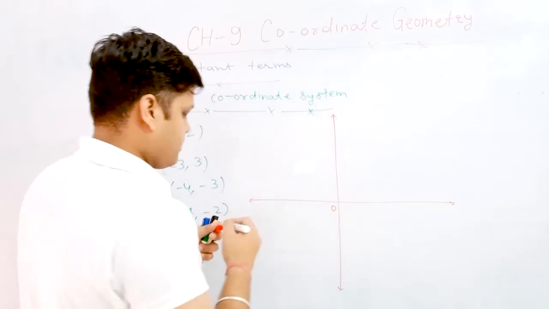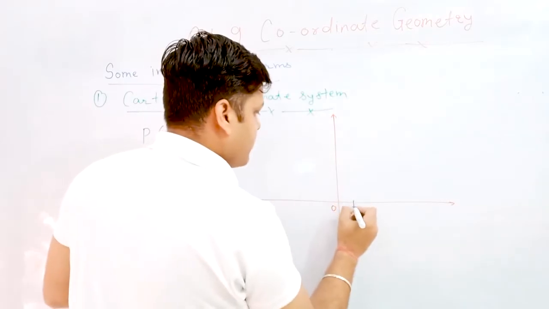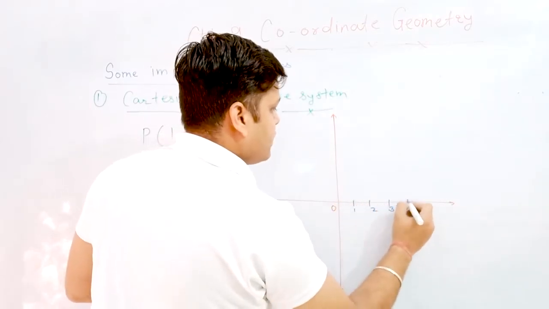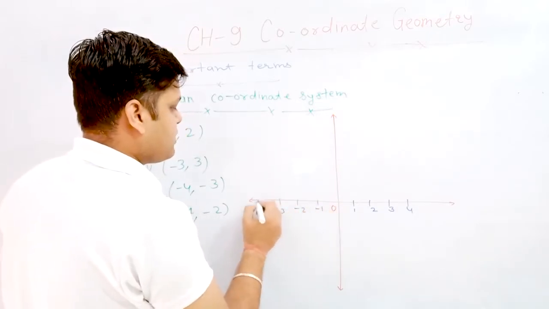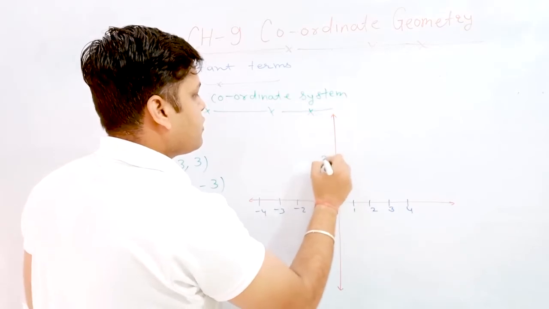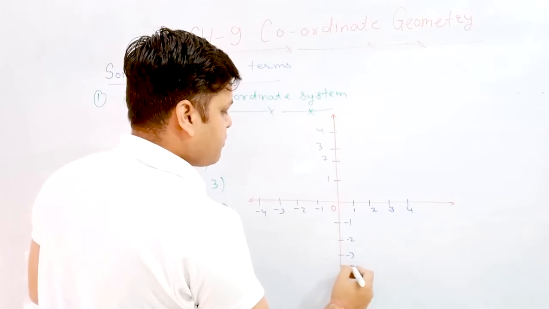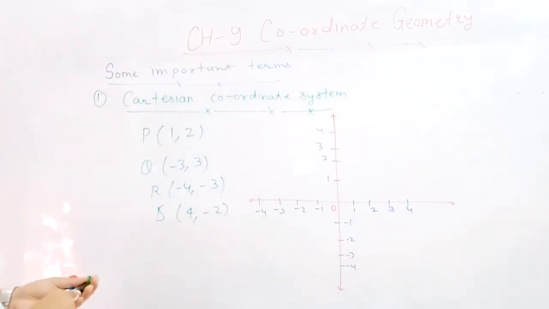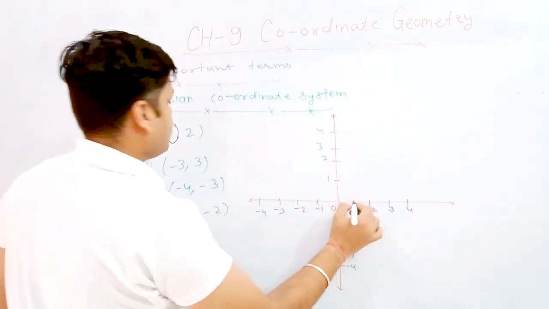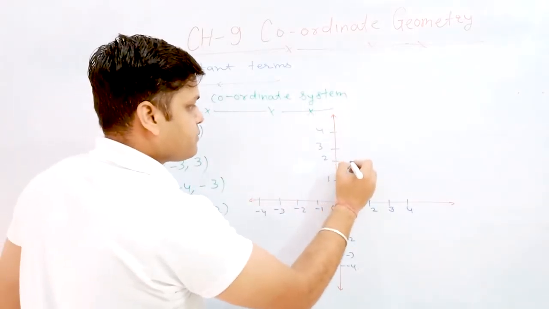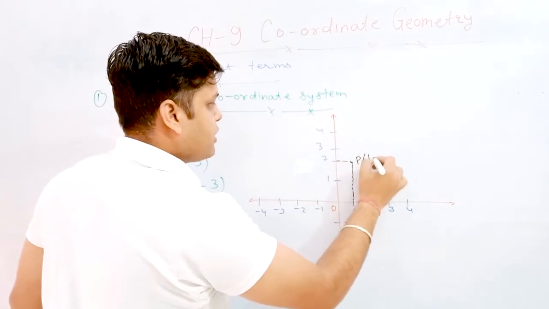This is our origin, and we mark 1, 2, 3, 4, minus 1, minus 2, minus 3, minus 4 on the x-axis, and 1, 2, 3, 4, minus 1, minus 2, minus 3, and minus 4 on the y-axis. Now, we have to locate point P. It means we move 1 unit distance in x direction and 2 unit distance in y direction. We get point P whose coordinates are 1, 2.